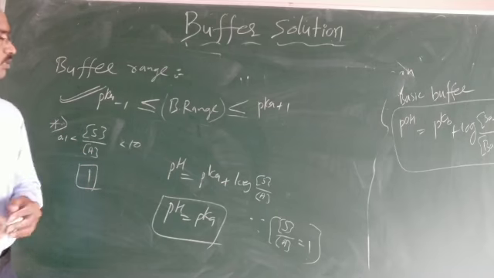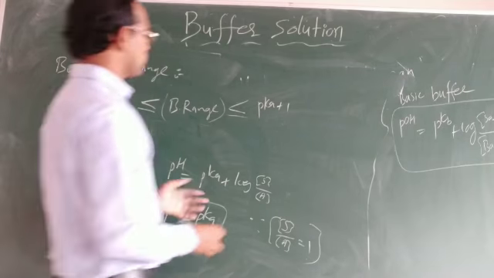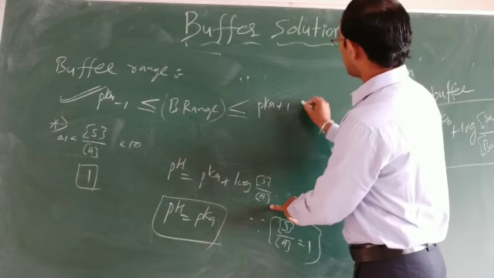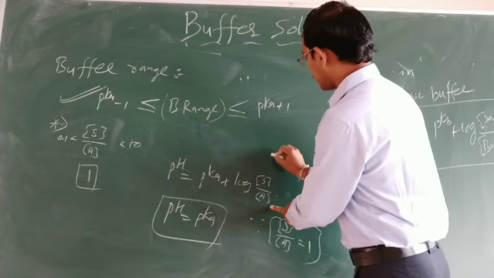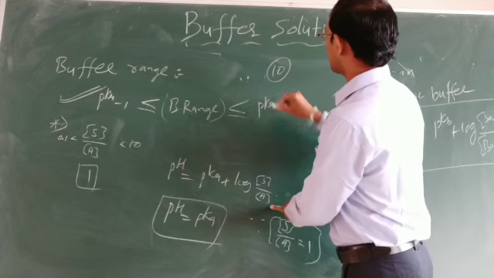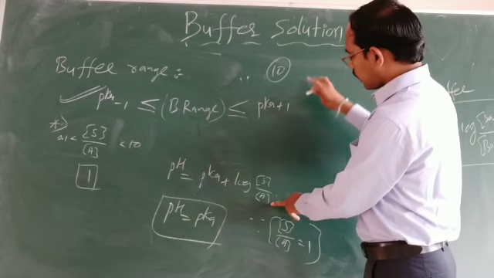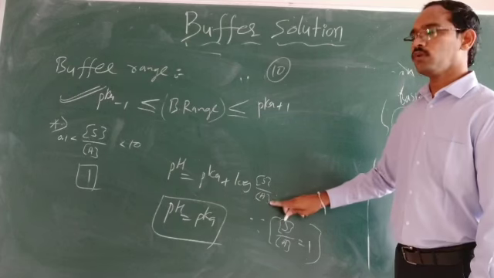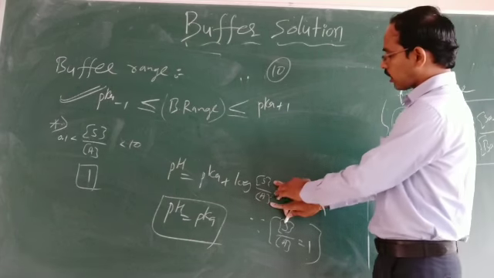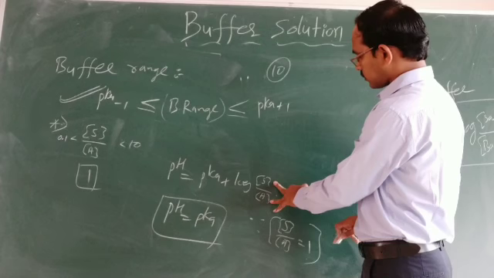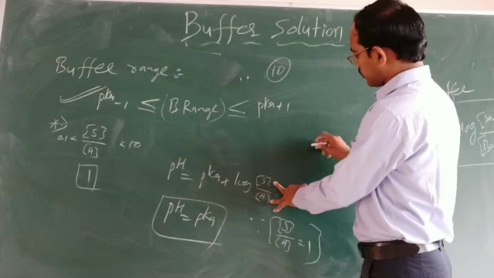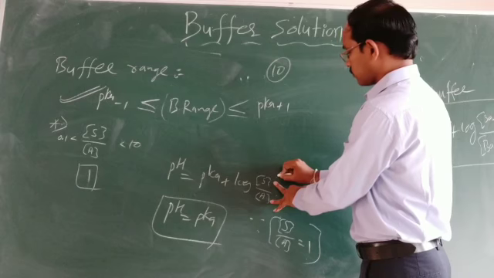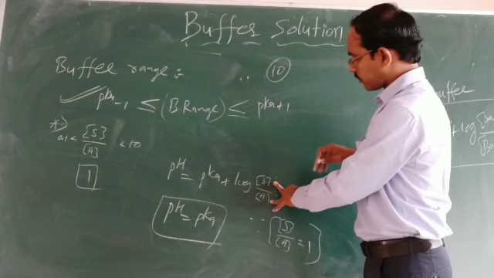Next, suppose, see here, if you are adding some more, what was the value of salt by acid here? This value is 10. A value of 10 means salt is more, acid is less. So when can this happen? This salt is directly what we are adding, right?